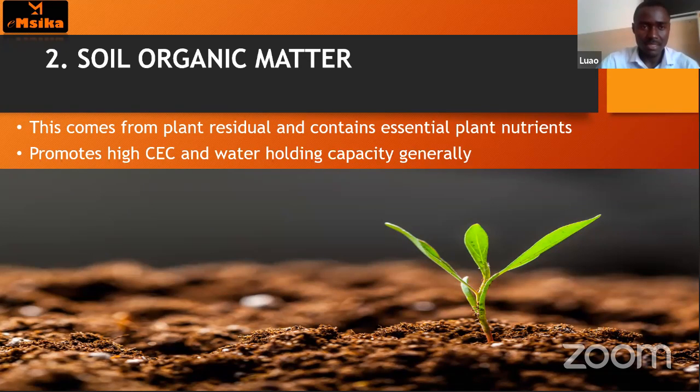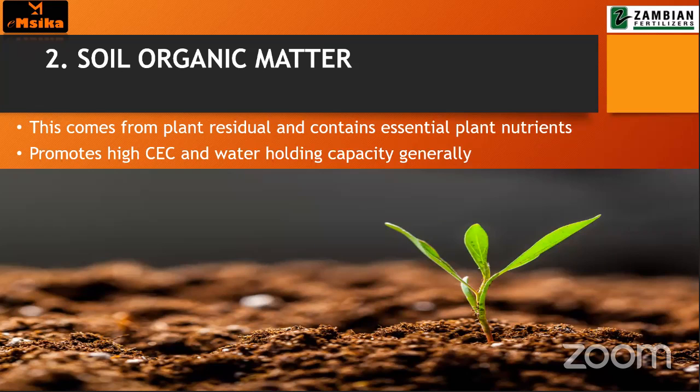So organic matter is very important for improving the farmer's yield. If you're using our products, say blended G compound, you don't have to put tons and tons of manure in the field.